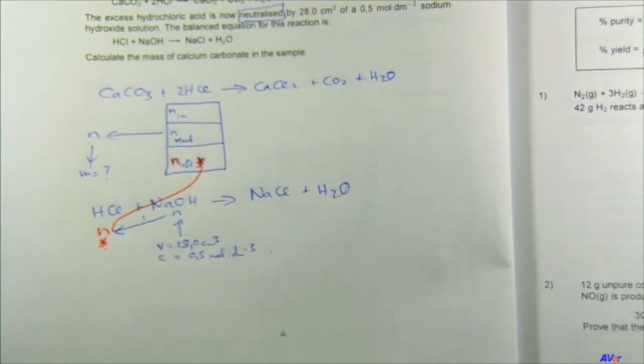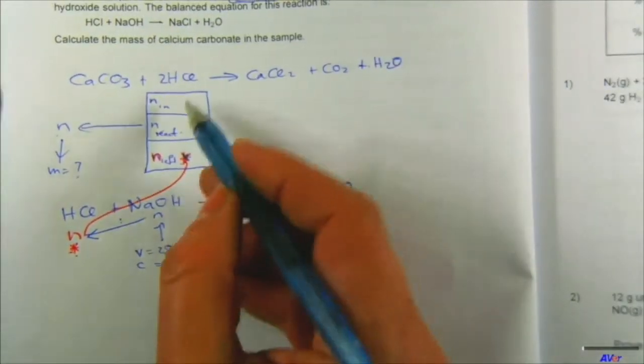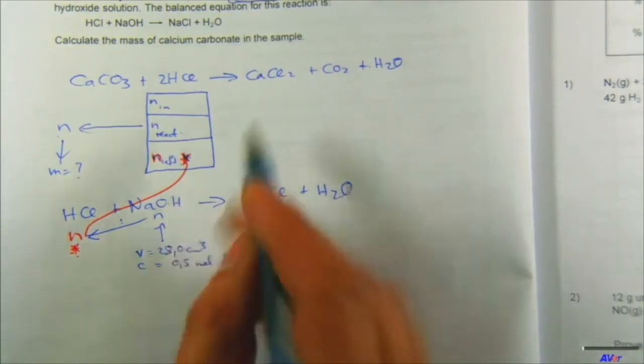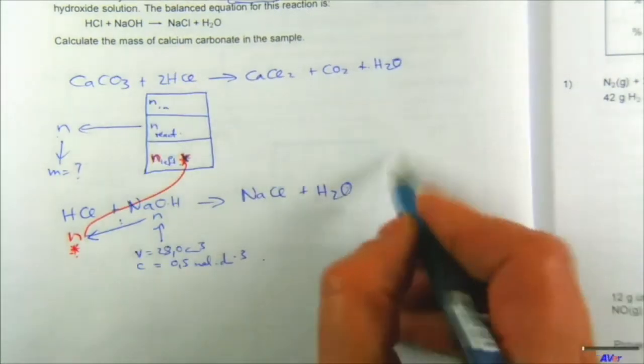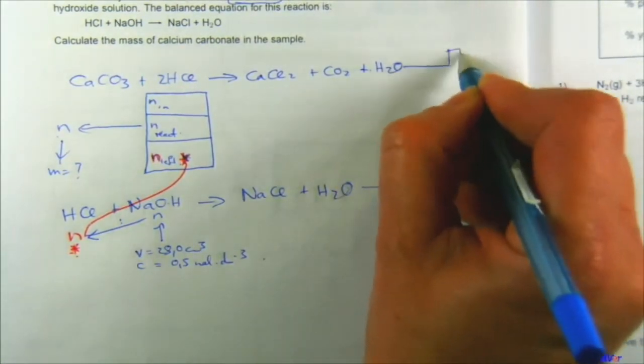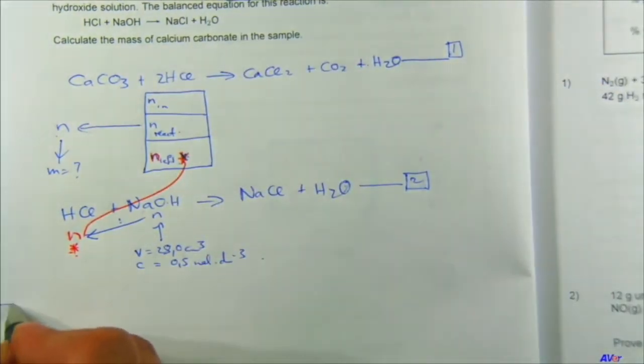Okay, we're going to start over here and work out how many moles of sodium hydroxide in this second reaction. So always think about it: what's happened in the second, what's happened in the first. Now we're going to start with the second reaction.